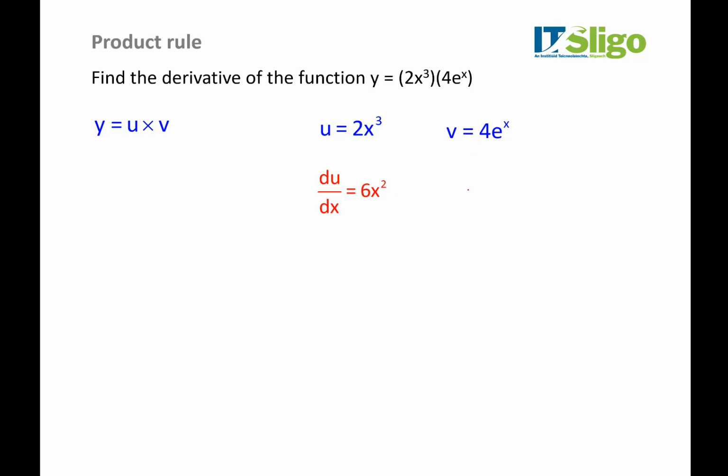And here, when we differentiate 4 by e to the power of x, again the constant stays. And when we differentiate e to the power of x, it stays the same. So it actually looks the same. And that's the property of the e to the power of x function.